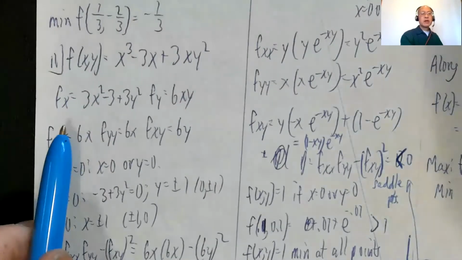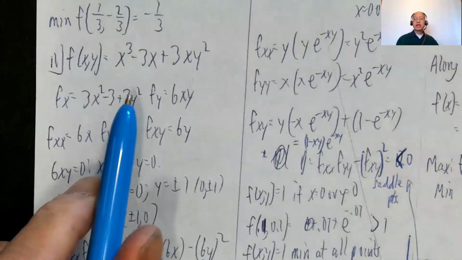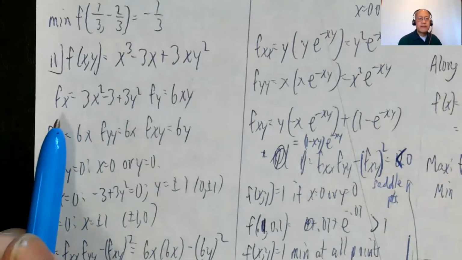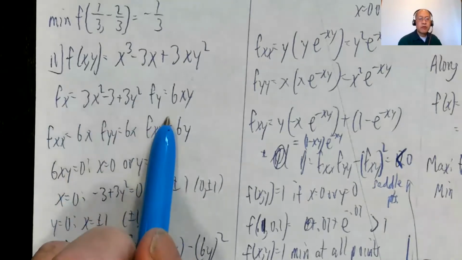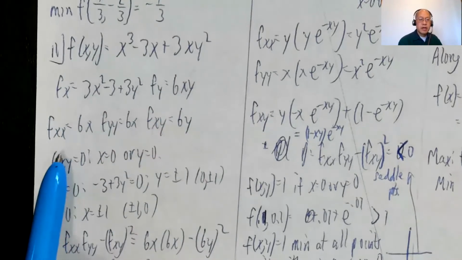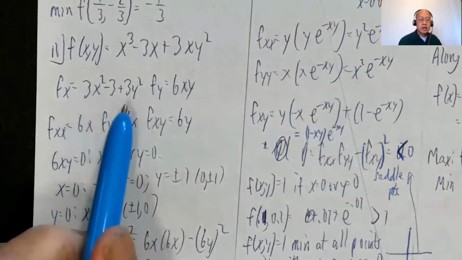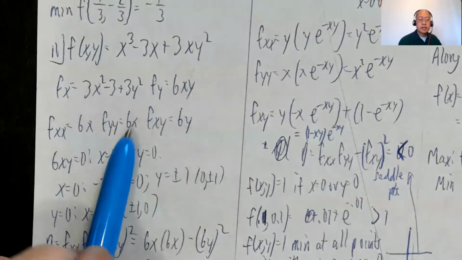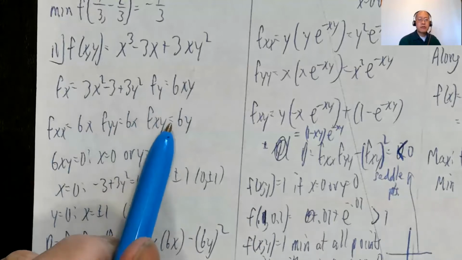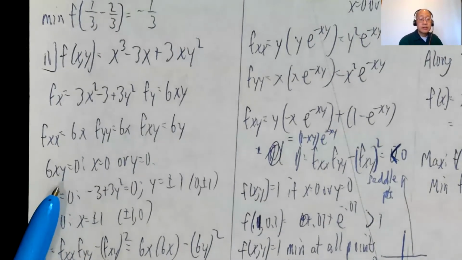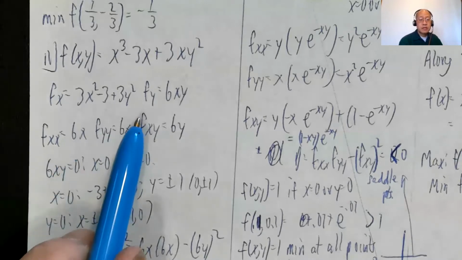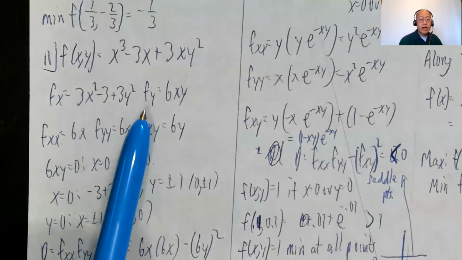Okay, problem 11. f(x,y) is x cubed minus 3x plus 3xy squared. So fx, 3x squared minus 3 plus 3y squared. fy, 6xy. fxx, 6x. fyy, also 6x. fxy is 6y, which is also fyx. So now let's see. fx and fy have to be 0.